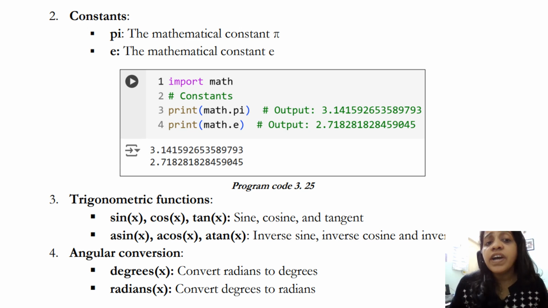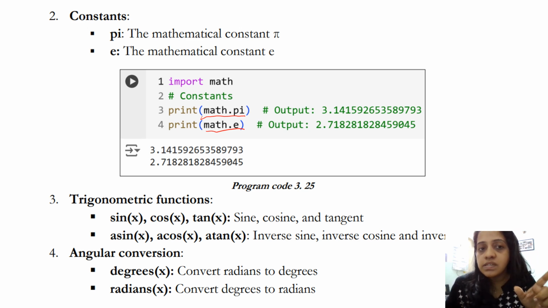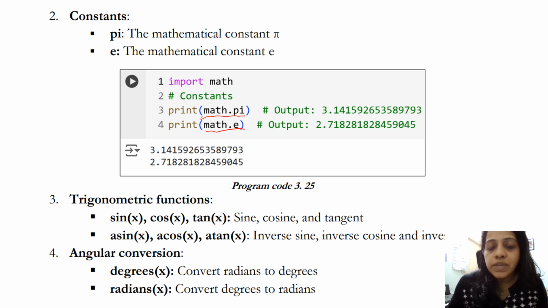Then we can find the values of constants here. Math.pi and math.e are mathematical constants, real values saved in the math module. For example, if we need to find the area of a circle, pi r squared, so pi star r star r, this is the area.